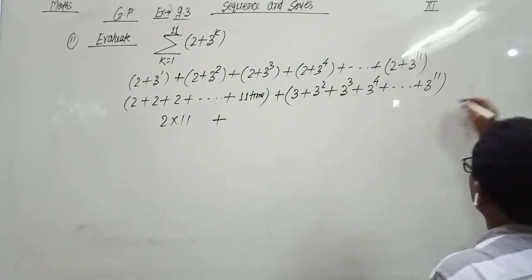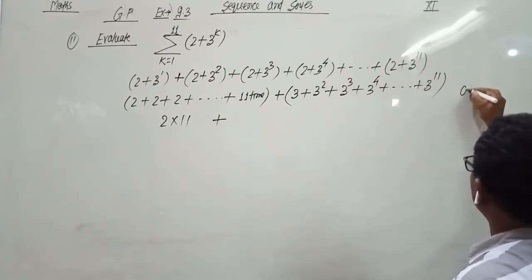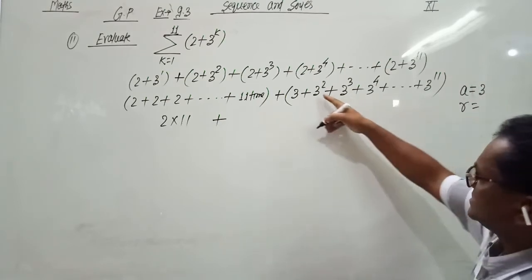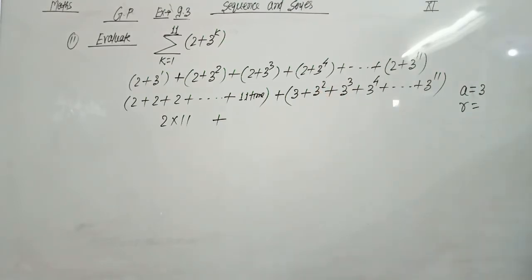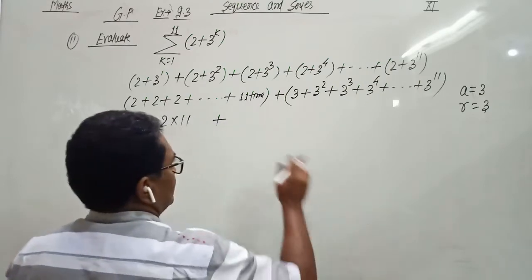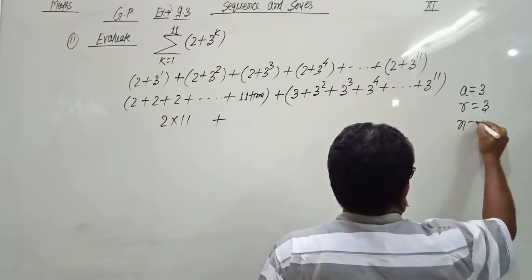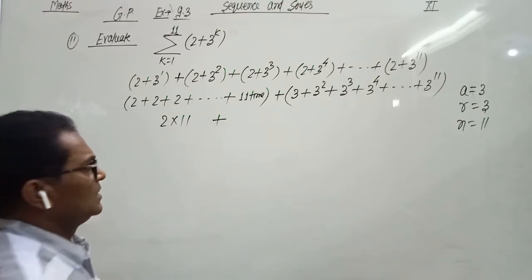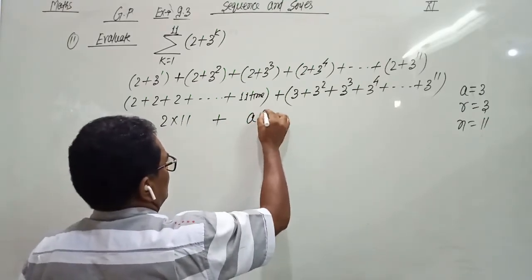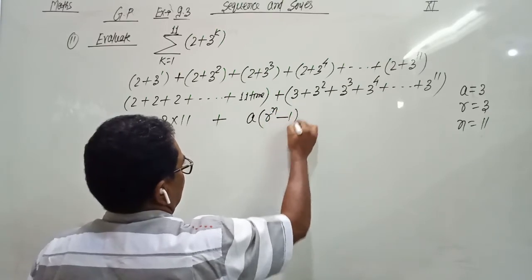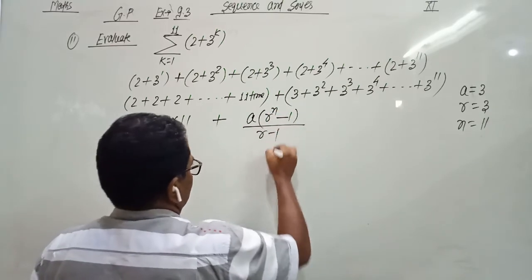The first term of the GP, A, is 3, and the common ratio is 3 squared upon 3, meaning 9 upon 3, so the common ratio is also 3. The value of n is 11, the total number of terms. So A into r raised to the power n minus 1 upon r minus 1.